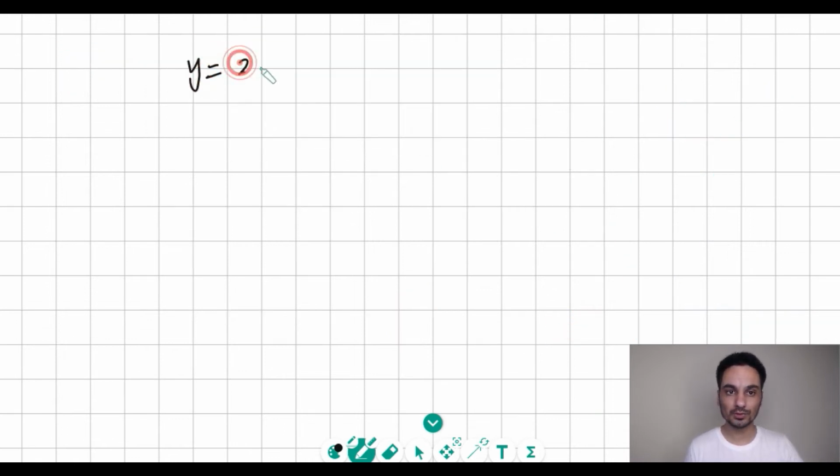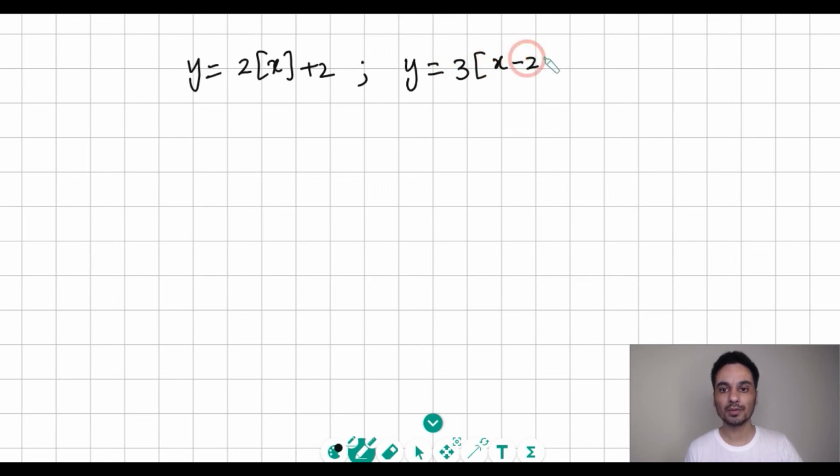y equals 2 times greatest integer x plus 2 and y equals 3 times greatest integer x minus 2. As both are y values, we can equate them by using concept 2 that we discussed on the previous page.